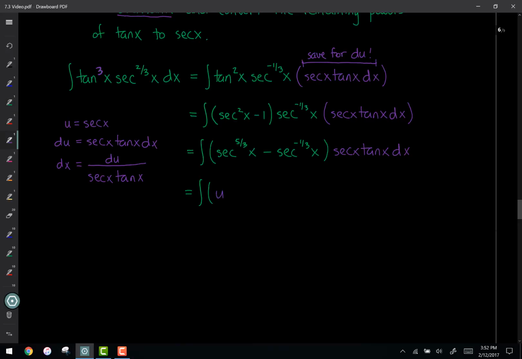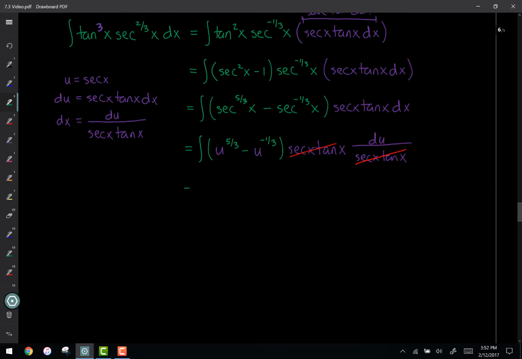So u to the 5/3 minus u to the negative 1/3 times the bit that we saved. So secant x tangent x times dx, but dx is really a du over secant x times tangent x. And those go away, which is good. Just rewrite what we have left. So we're doing the integral of u to the 5/3 minus u to the negative 1/3 du.